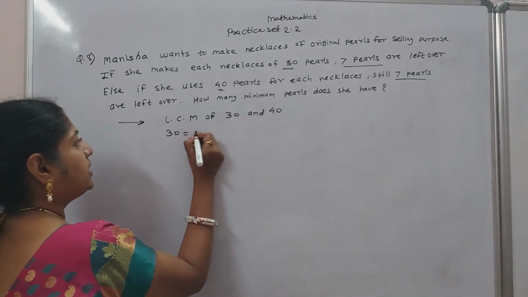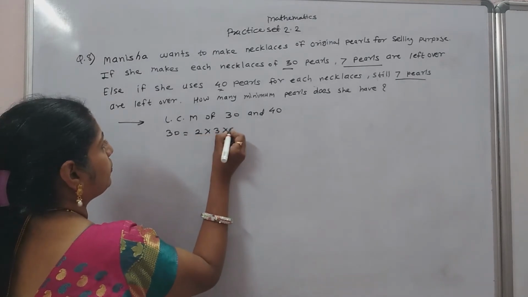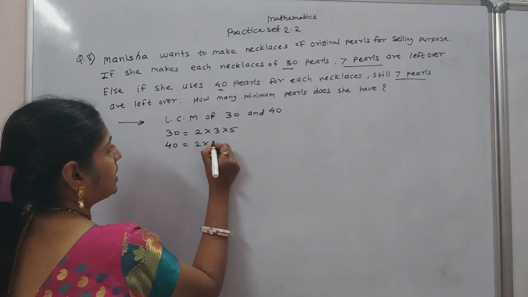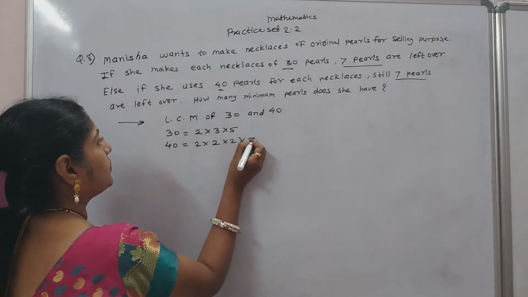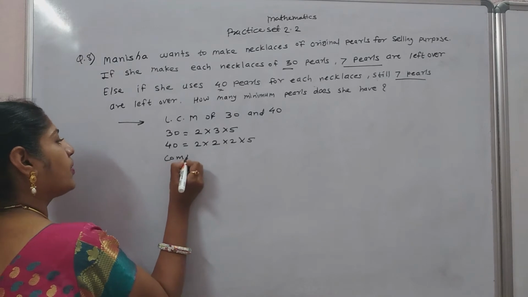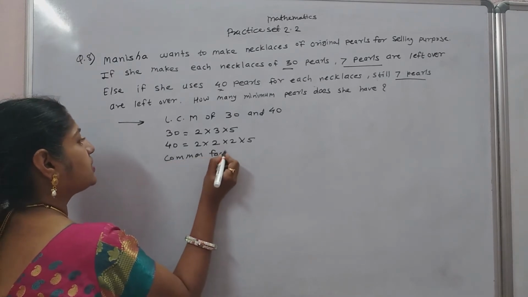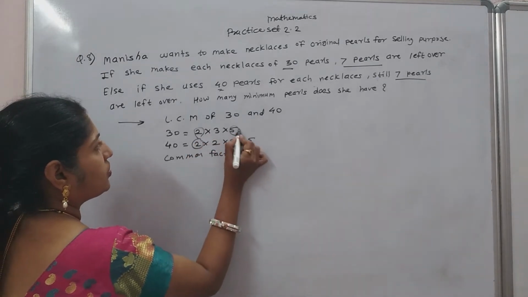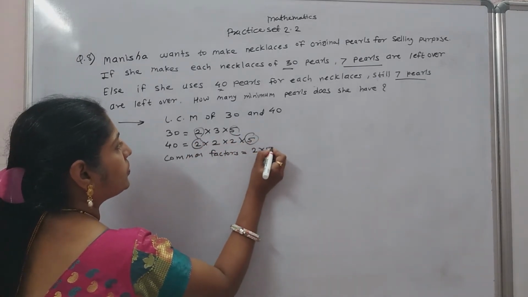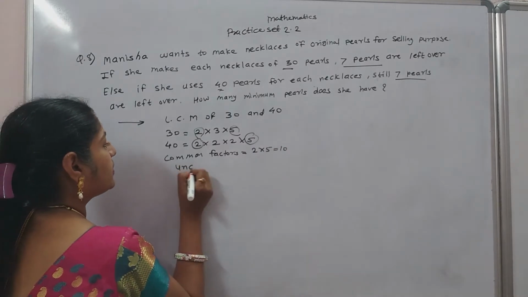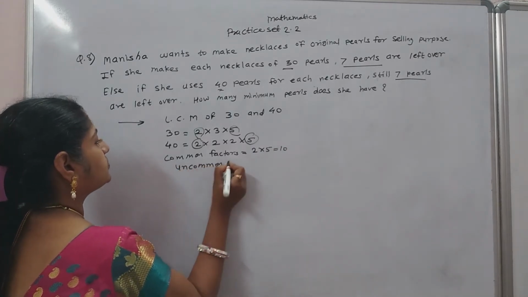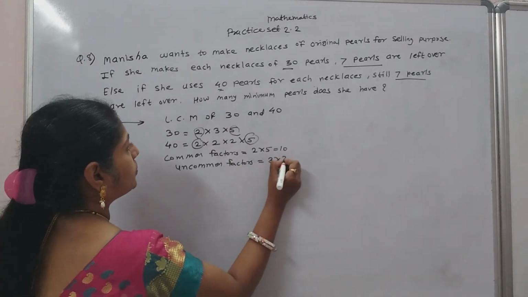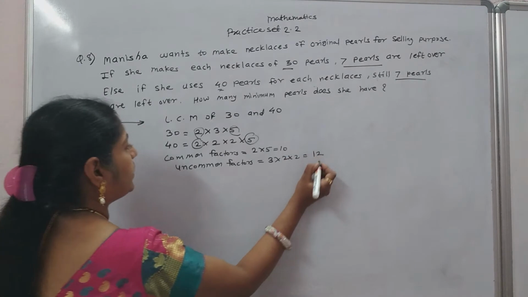The factors of 30 are 2 into 3 into 5. The factors of 40 are 2 into 20, that is 2 into 2 into 5. Now the multiplication of common factors: 2 and 5, that is 10. The uncommon factors: 3 into 2 into 2, 12.